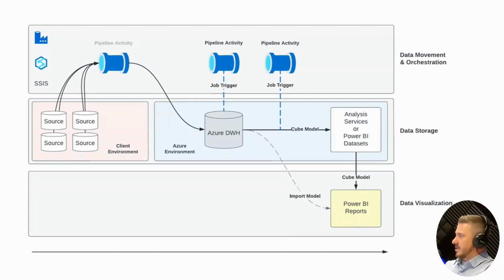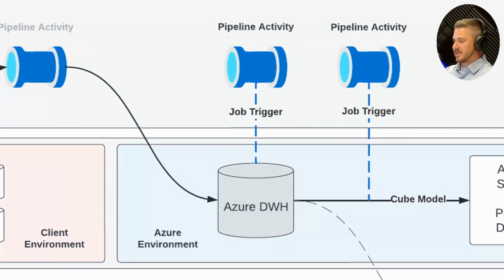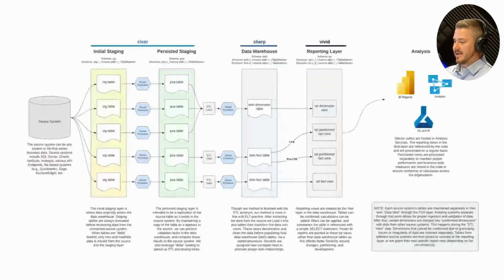So that's what we're seeing here with this visual. To zero in on this step here, the pipeline activities that are affecting the data warehouse and how we do those transforms. That's what this next slide will show.